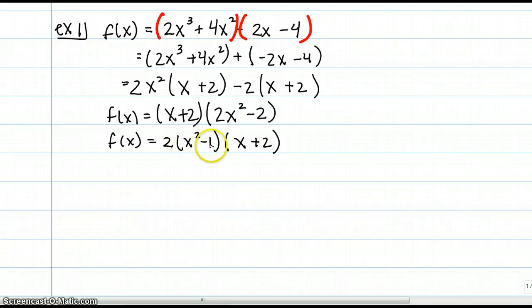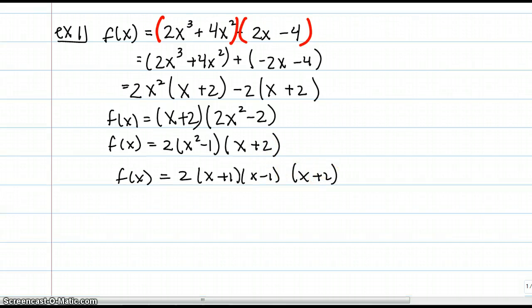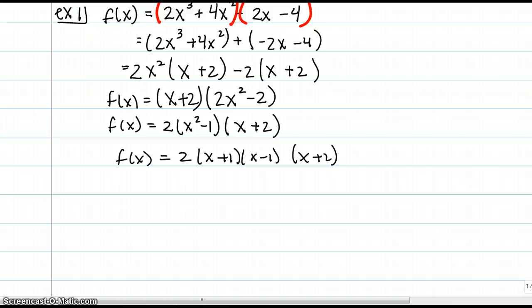Because if you look at x squared minus 1, that is a difference of 2 squares. So f of x equals 2 times x plus 1, x minus 1, and then we still have that x plus 2. So not until now is this fully factored. Now I can find the zeros.